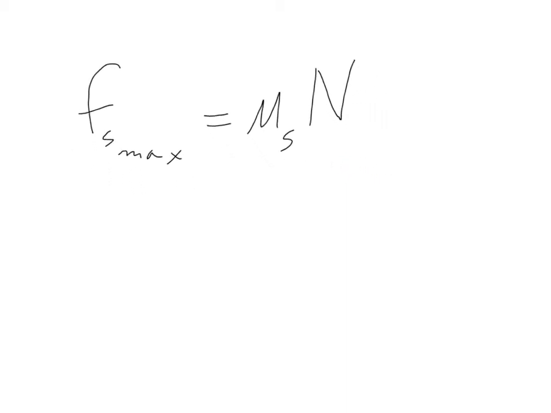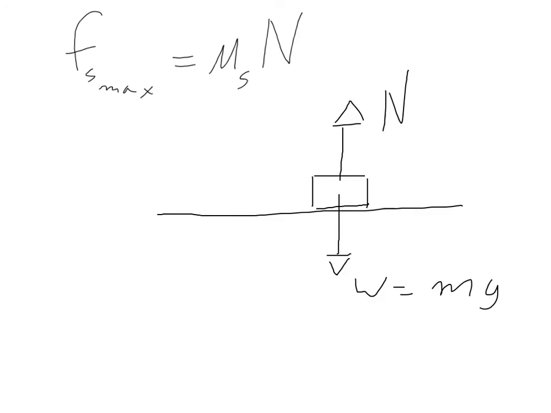So, for instance, here's a block sitting on a table, and if the table's on Earth, there's the force of gravity, W equals mg, pulling down on the block, but the table's supporting that object, so the normal force from the table exactly cancels out W equals mg.